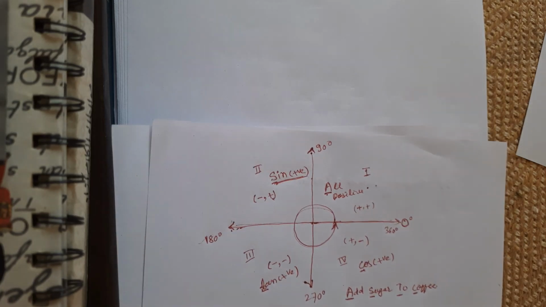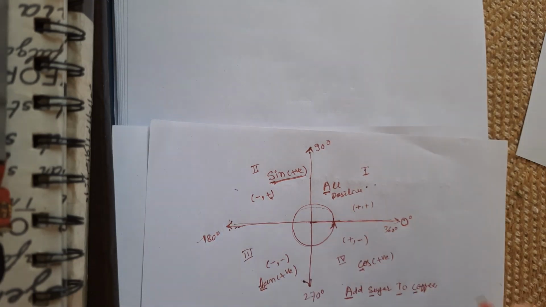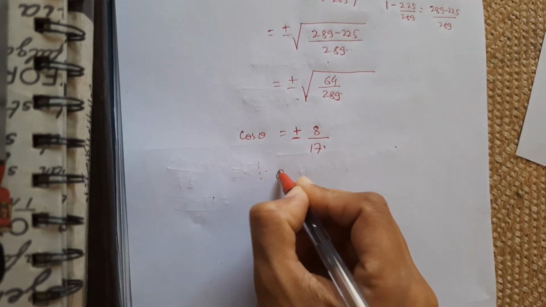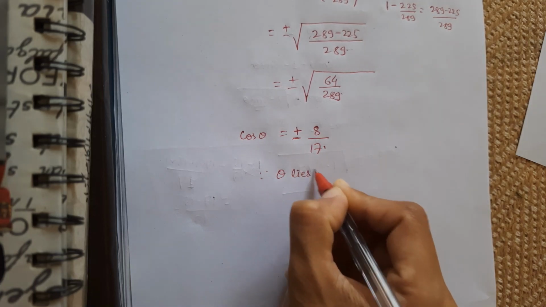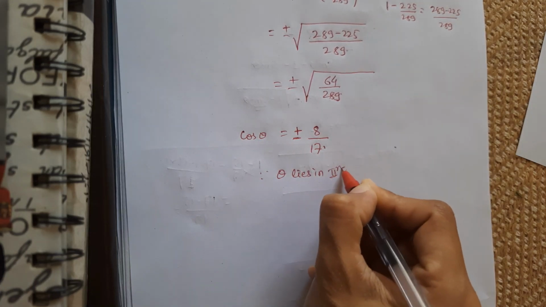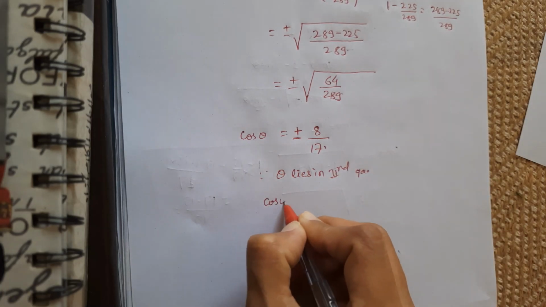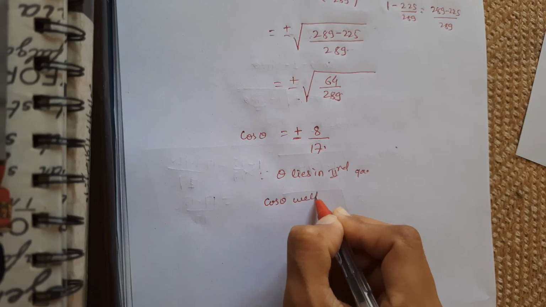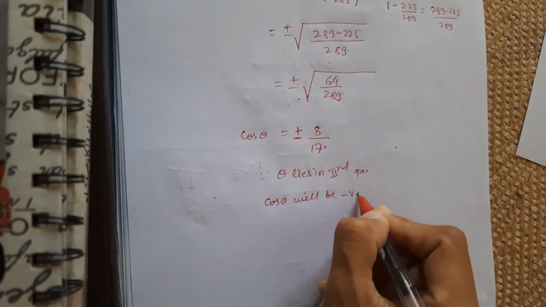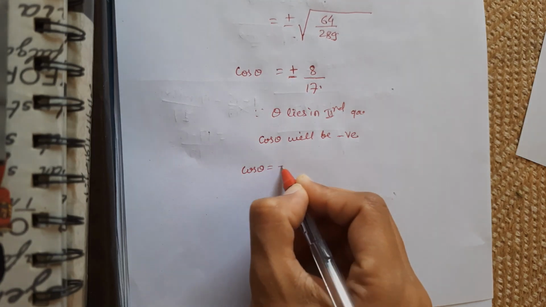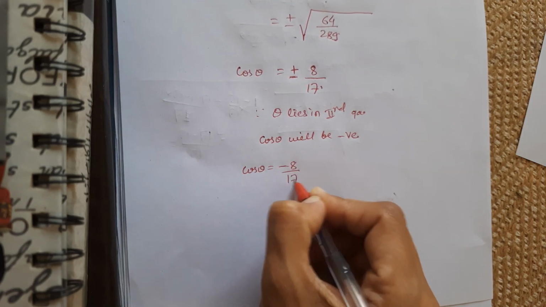So cos theta will be negative, since theta lies in the second quadrant. So my cos theta will be minus 8 by 17.